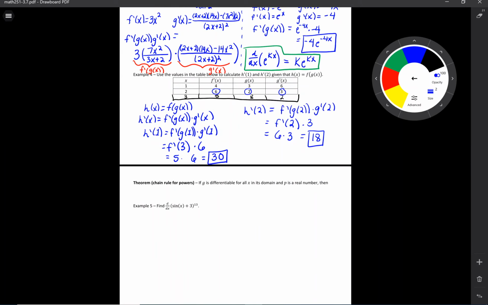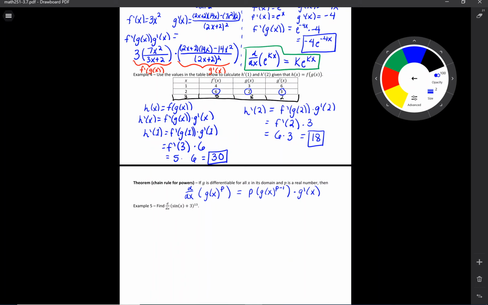So if g is differentiable for all x in its domain and p is a real number, then the derivative of this function g of x to the power of p, using the chain rule, is equal to p times g of x to the power of p minus 1 times g prime of x. This is just a specialized version of the chain rule, so you don't have to commit this to memory since it is just part of the chain rule.